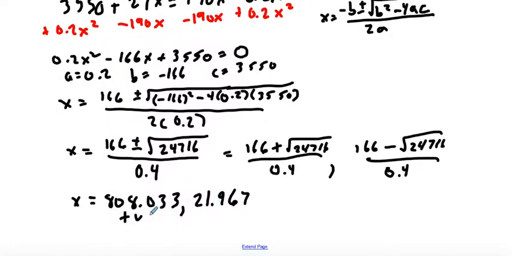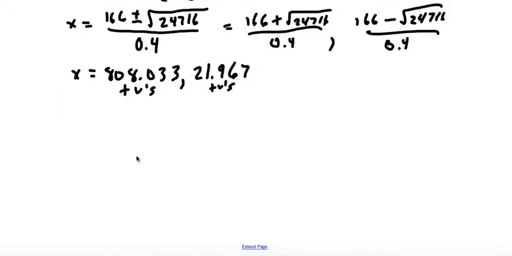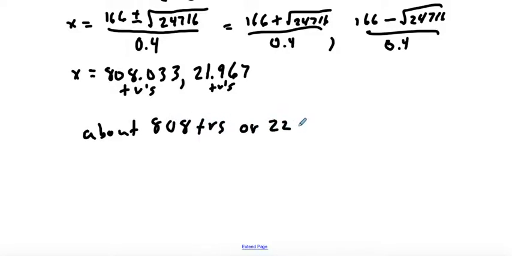They could produce 808.033 TVs, or they could produce, so usually we don't name them with decimals, so you might want to go ahead and just round them. So about 808 TVs or 22 TVs.